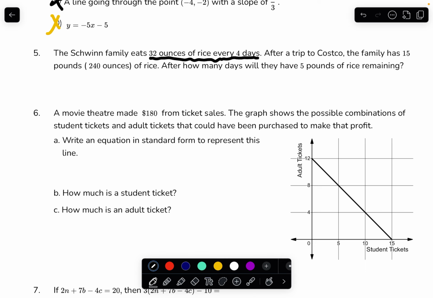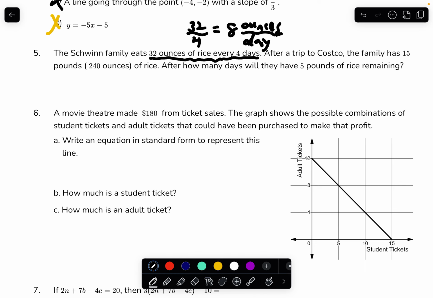Well, the way you want to do this is first figure out the rate in ounces per day that they eat rice. You take your 32 divided by 4 days, and that's going to be 8 ounces per day. Okay?